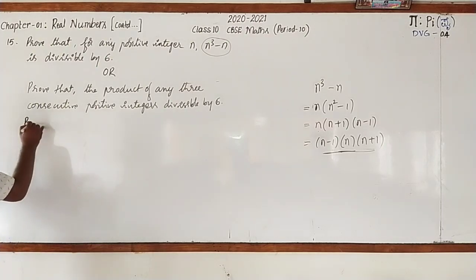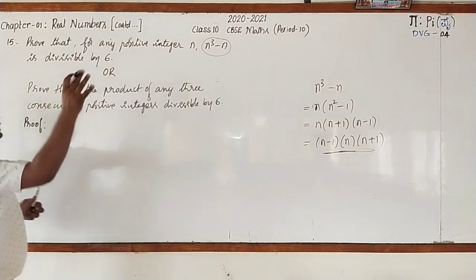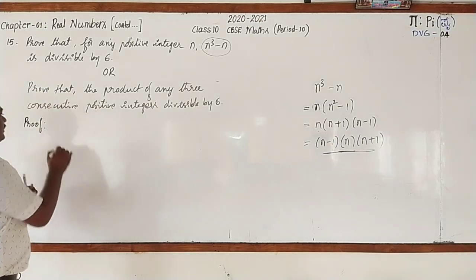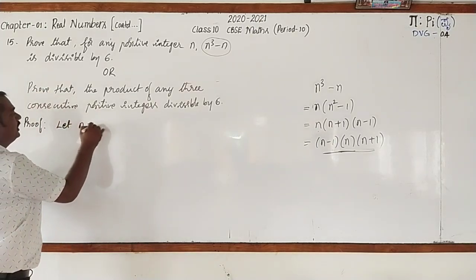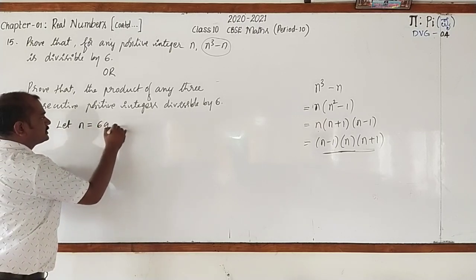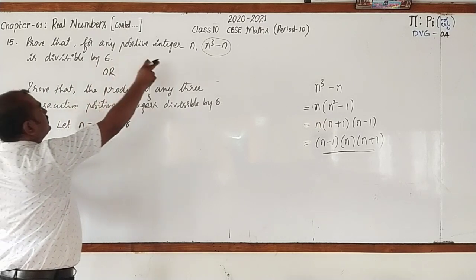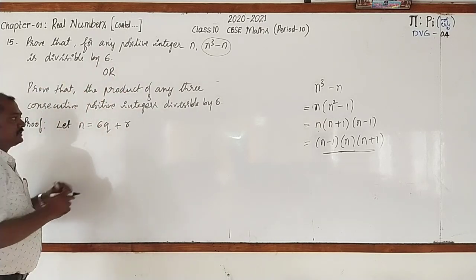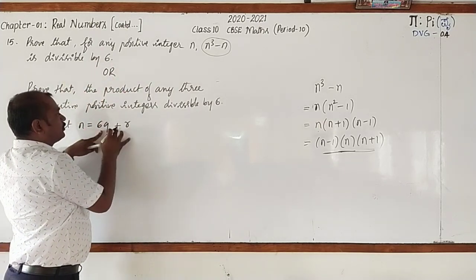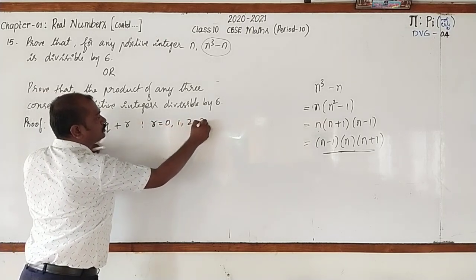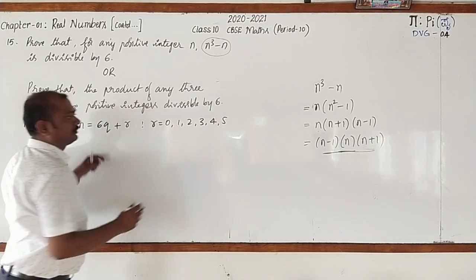Look here. Here they have given, prove that for any positive integer n. Then what is n? How do you go about assuming? Let n equal to, can we write 6q plus r? Yes, because we are proving that it is divisible by 6. n equals 6q plus r, where the possible remainders are 0, 1, 2, 3, 4 and 5.